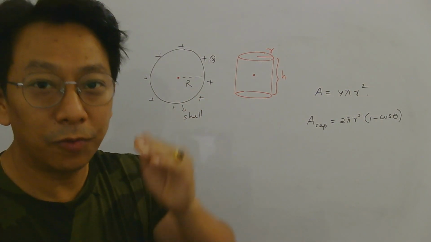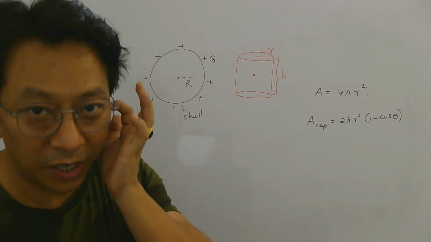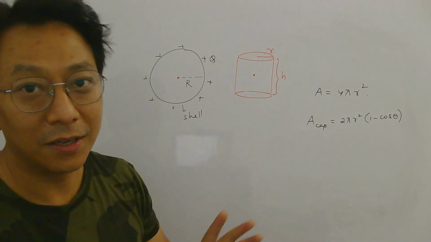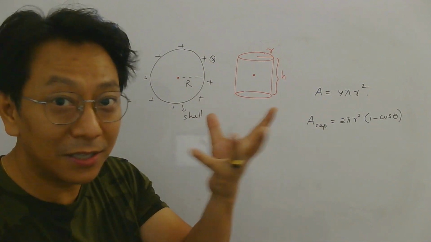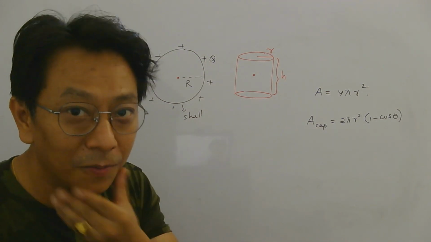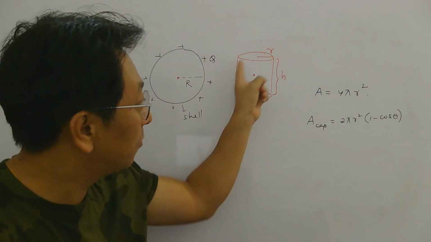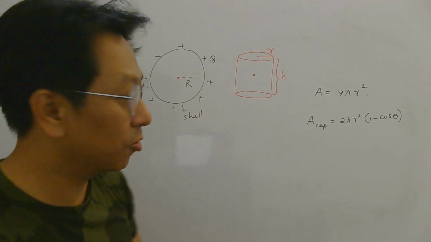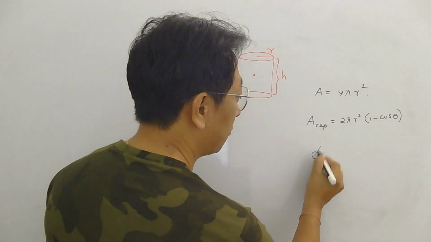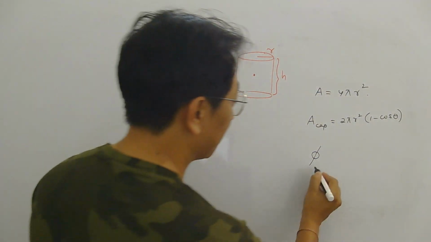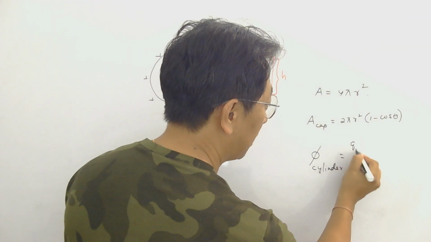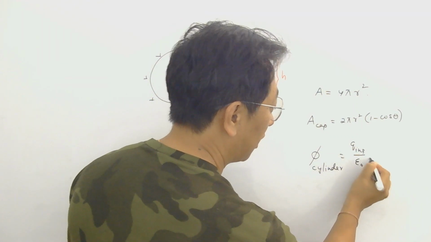So now in the 4 options, one by one we have to check what is the electric flux through this cylinder. This is a closed cylinder, a closed surface, so we can use Gauss law. But to find the flux through the cylinder, we need to know how much charge is inside, because according to Gauss law, flux through this cylinder will be equal to the charge inside the cylinder divided by epsilon naught.